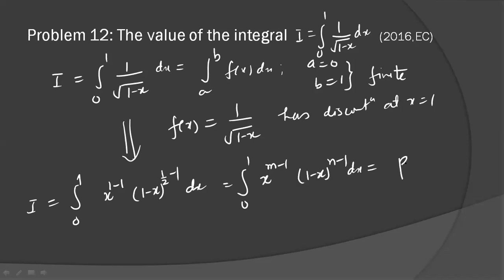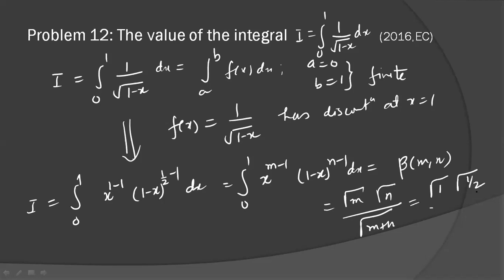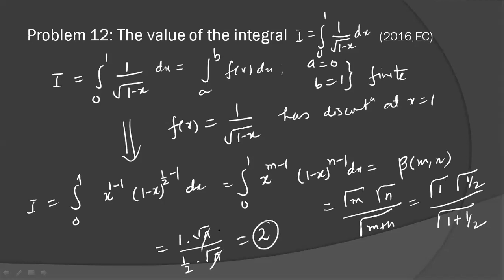I told you this is the beta function, which is a kind of second kind improper integration, equal to gamma m gamma n over gamma m plus n. If you compare here, m is 1, n is 1 by 2, over m plus n, which is 1 plus 1 by 2. So gamma 1 is 1, gamma 1 by 2 is root pi, gamma 3 by 2 can be written as 1 by 2 into root pi, root pi is cancelled, so the answer will be 2. So 2 will be the answer for this question.